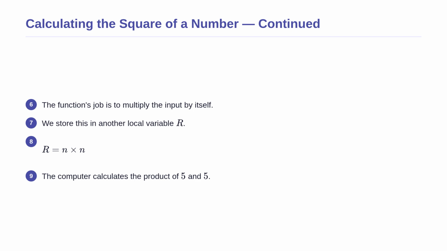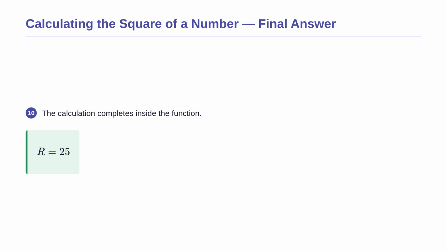Both n and r are local variables, meaning they only exist inside this specific function. The computer calculates the product of 5 and 5. We are doing this step by step to clearly see how local variables handle the internal logic without ever touching the main program's memory. Now we reach the conclusion of our function's task.